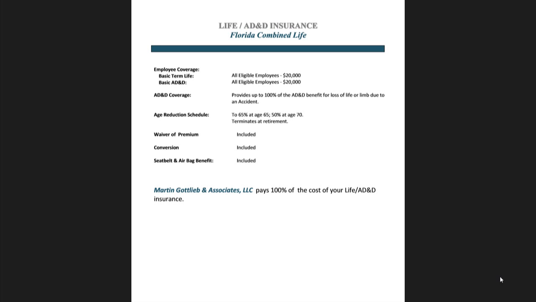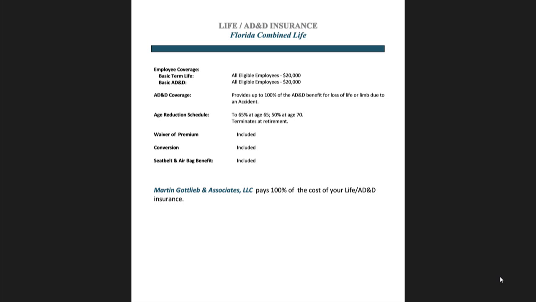However, please take note that there are age reductions starting at age 65 and then again at age 70, and all coverage terminates at retirement. But Gottlieb pays 100% of the cost of this benefit for you. So even if you don't take any other benefit, you will have this one.